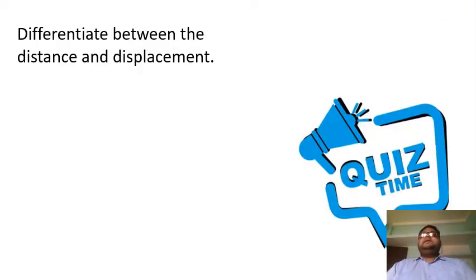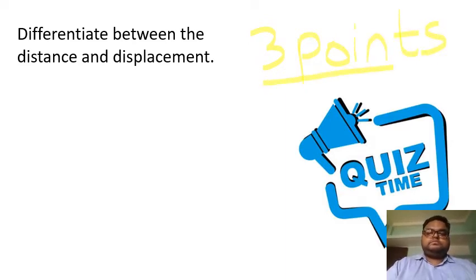Now, students, there is a quiz for you. You need to differentiate between distance and displacement. You can give any 3 points. The first point can be: speed is a scalar quantity and velocity is a vector quantity.